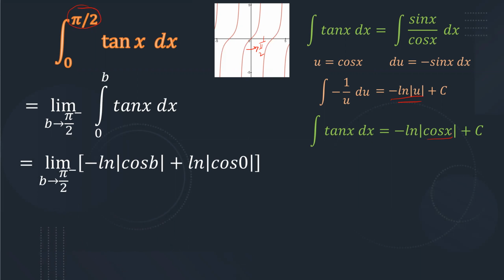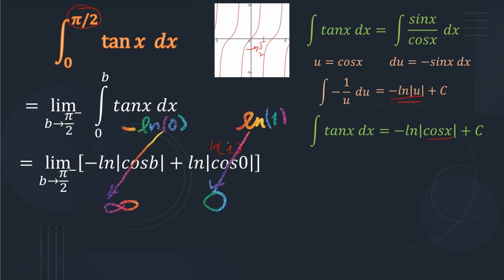Which one are we going to deal with first? Well, I know cosine of 0 is 1, so I will have ln of 1, and that is going to be 0. For the other one, when b is approaching pi over 2 from the left, cosine of b is approaching 0.